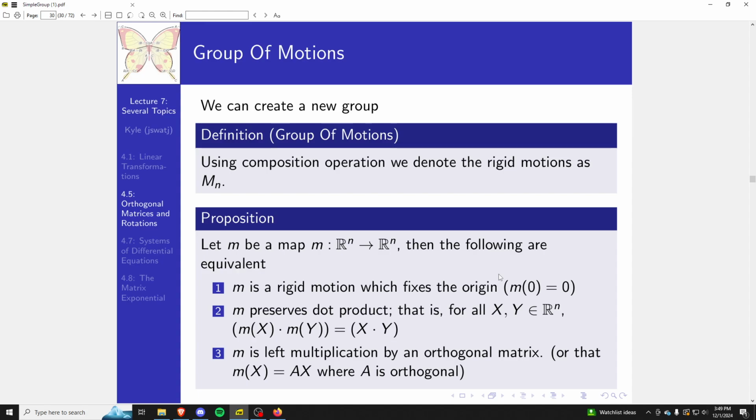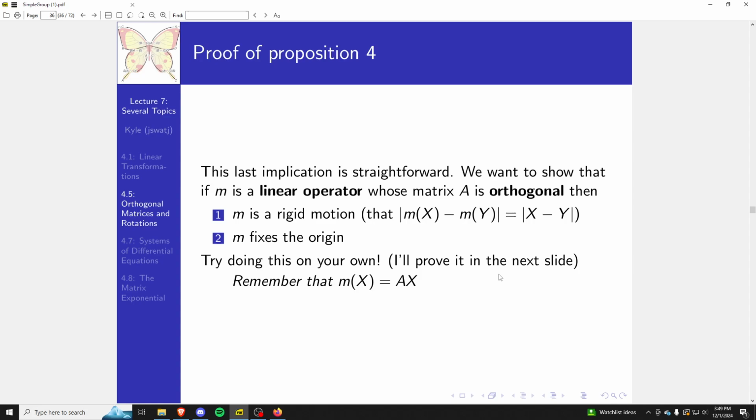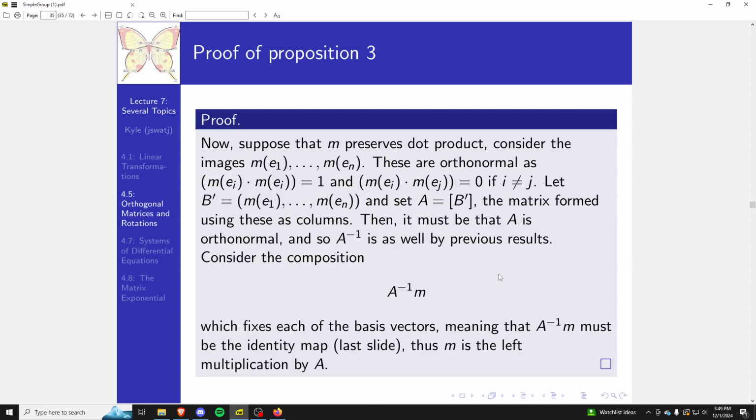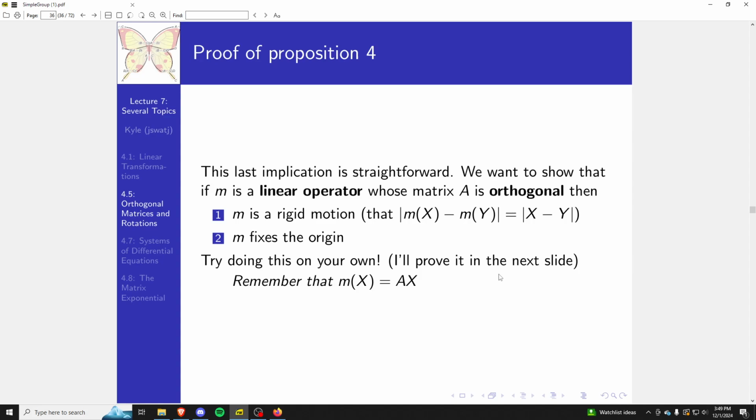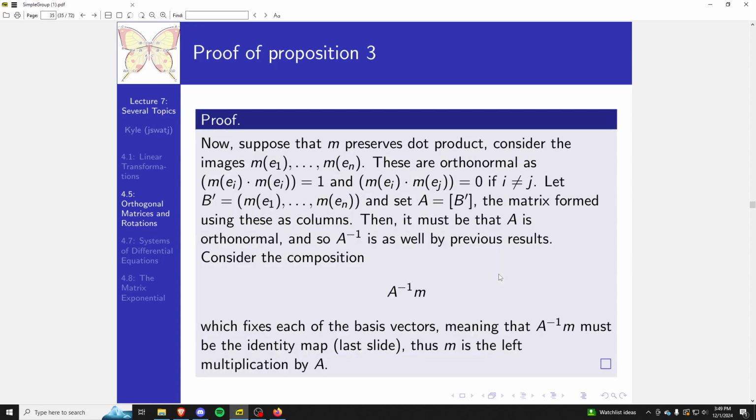No, you're good. I think the proof is done. I think we just finished it. Oh no, there's one last implication that I want to do as an exercise. But yeah, that's actually a good question. I actually didn't think about that. I think it's just lengths between vectors, but I could be wrong. It might include angles as well.